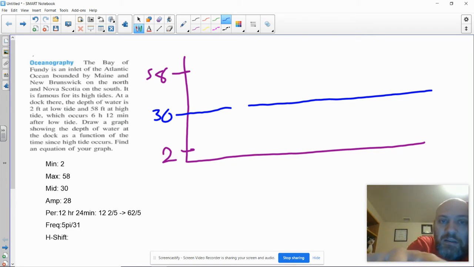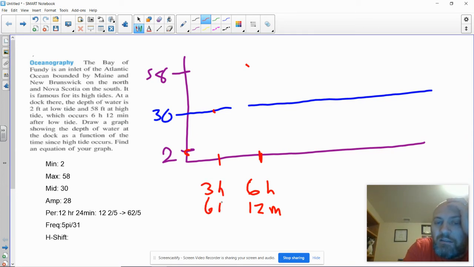So if we start at low tide, we know that in 6 hours and 12 minutes, I'm going to be at high tide. So halfway between there, I'm going to be at the midline, and that's going to be at a time of 3 hours and 6 minutes.